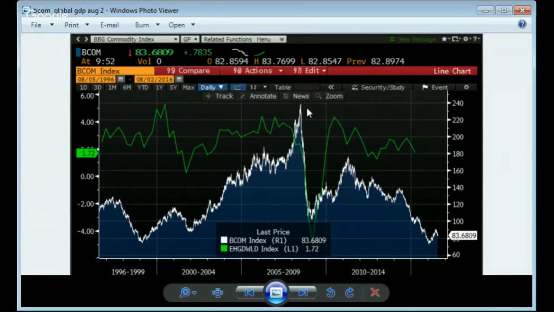So we can see from this chart that commodities became an instrument of massive speculation. We can also see that the speculation was not based on actual use figures, at least sustainable use figures, out of world GDP. This is world GDP in the green line.